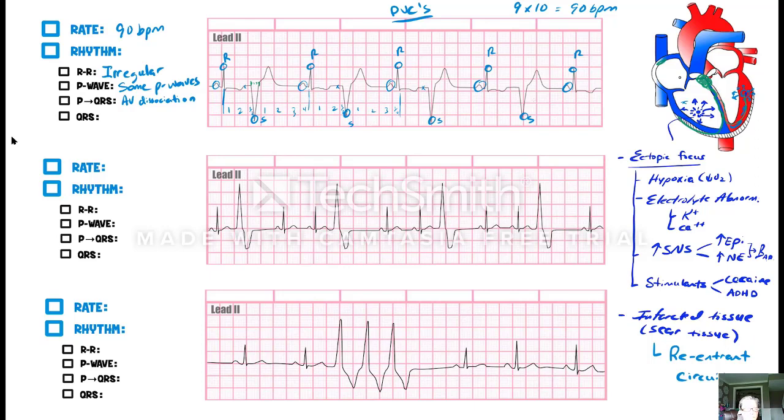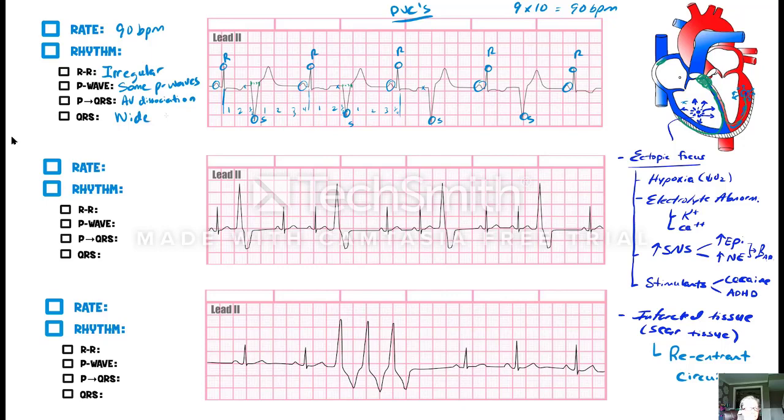So these suckers are definitely wide. I could try another one over here, about there to about there, and again, 1, 2, 3, about 4 little boxes. That's definitely greater than or equal to 3 little boxes. So this is definitely a wide QRS complex.